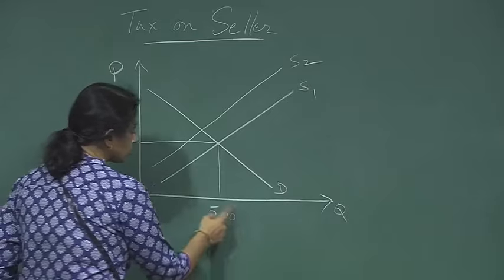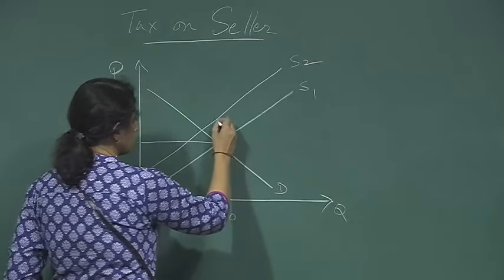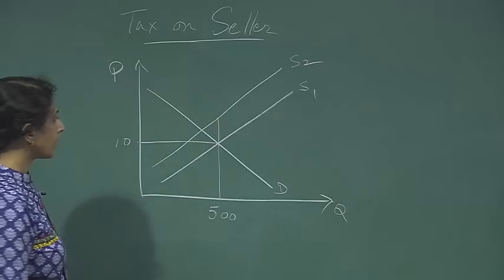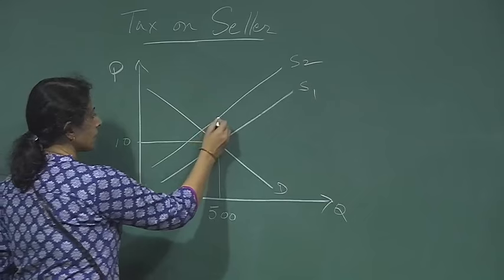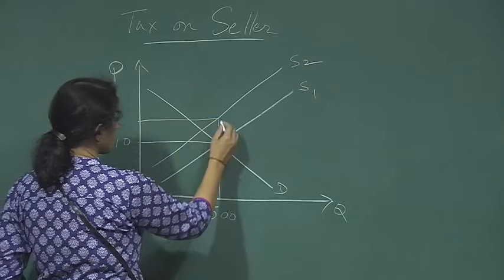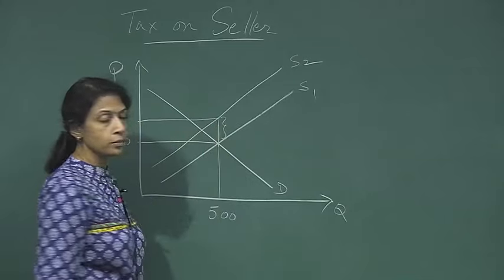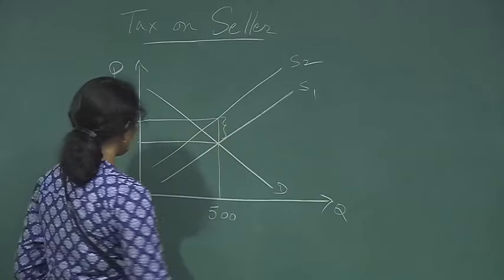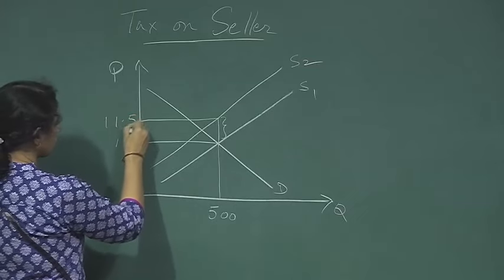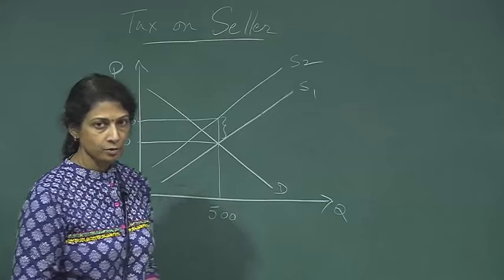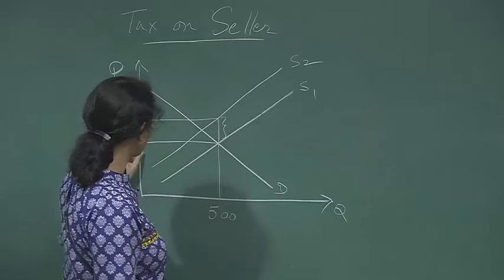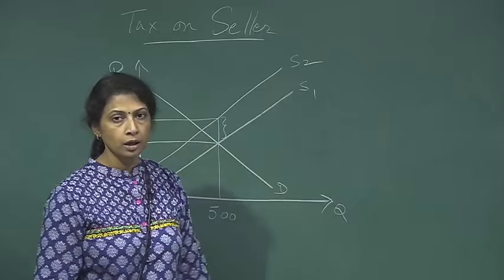To continue to sell 500 units, the supplier would like to get a higher price, because he now has to pay 1.5 rupees of tax. If this is 10 rupees, he would like to get a price of 11.5 rupees by selling 500 units, so that he can pay the 1.5 rupees to the government.